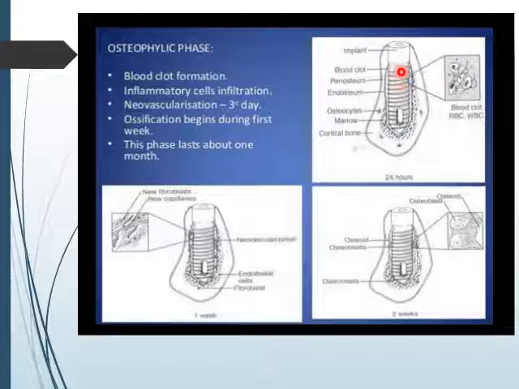This is the fixture, and this is the bone bed, and this is the formation of a blood clot around the fixture. This blood clot contains inflammatory infiltration cells. Then the ossification is started by the formation of newly formed osteoid tissue around the fixture.